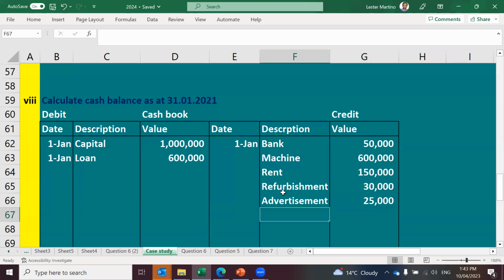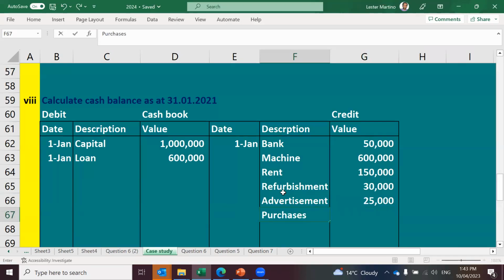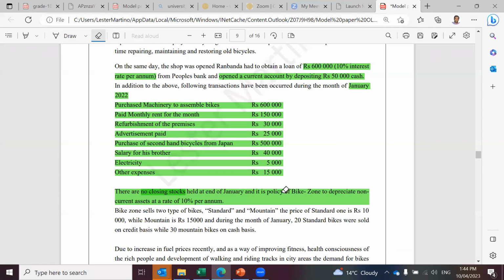Okay, that's how you record the transactions in the cash book. Purchases 500,000. Salary 40,000.